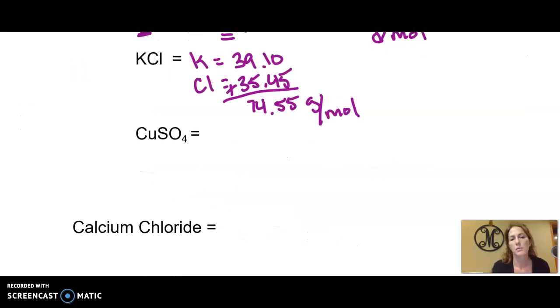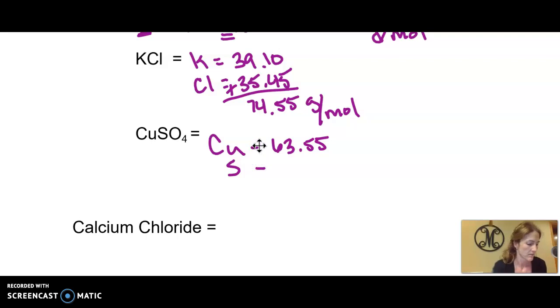This next example, we have copper sulfate. So again, you're going to sum up the mass of all the individual atoms. So we have 1 copper, and you look at your periodic table, copper has a molar mass of 63.55 grams for each copper atom.